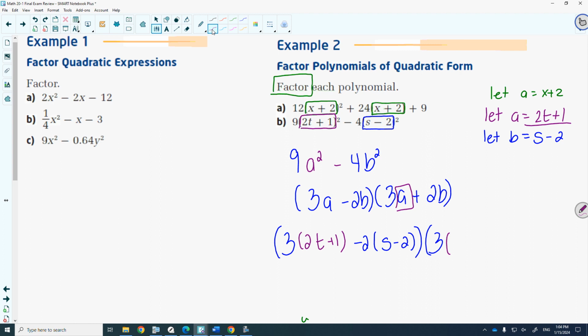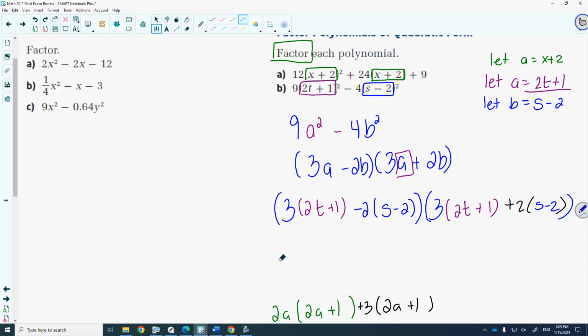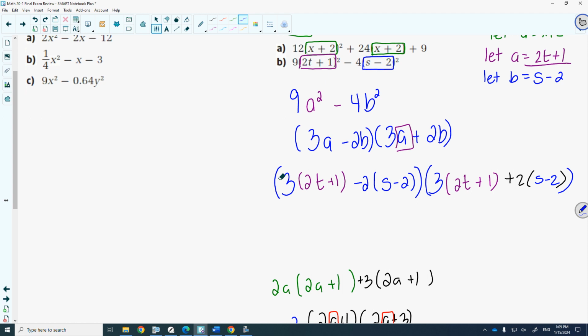A is 2t plus 1, B is s minus 2. I'll give you a minute to see if you could get it, and then I'll tell you what I got. So distribute in the 3, then distribute in the negative 2. Combine your like terms. Distribute in the 3, distribute in the positive 2.